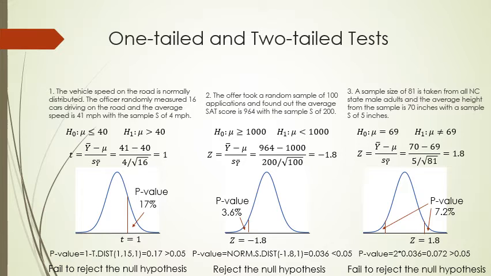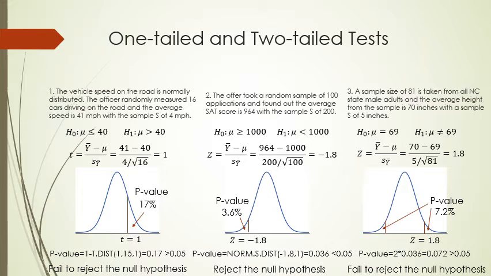The sample standard deviation is 4 miles per hour. The null hypothesis is mu is less than or equal to 40 miles per hour, and H1 is mu is greater than 40 miles per hour. Because the population variance is unknown, the null distribution is a t-distribution with n-1, which is 15 degrees of freedom.